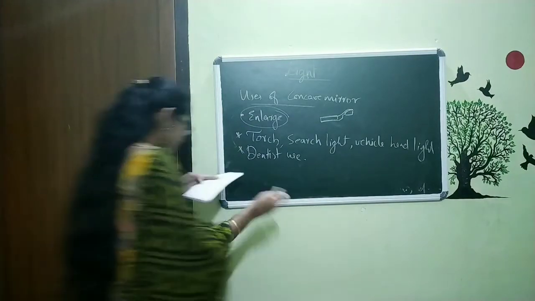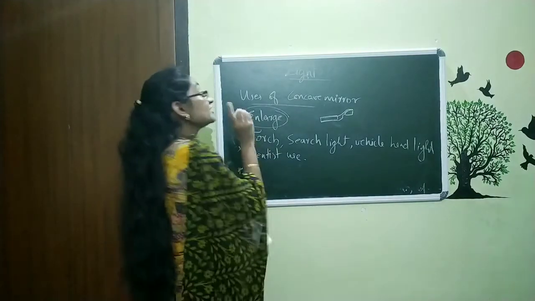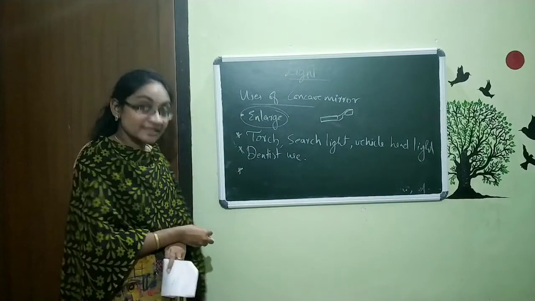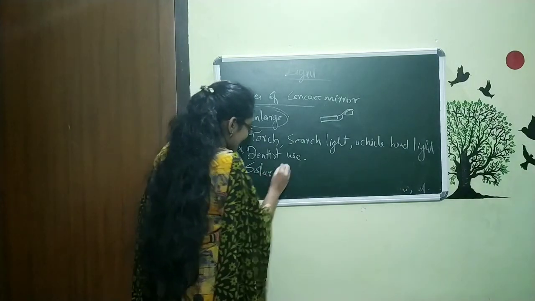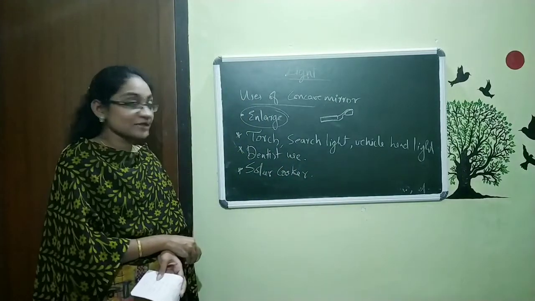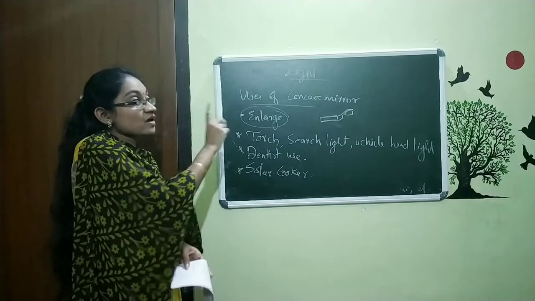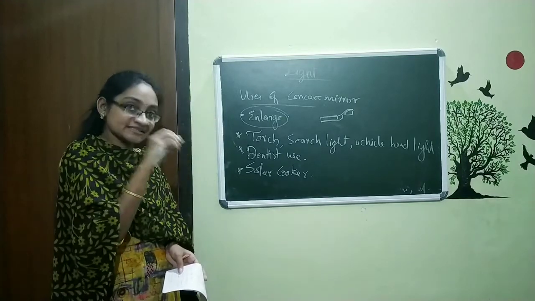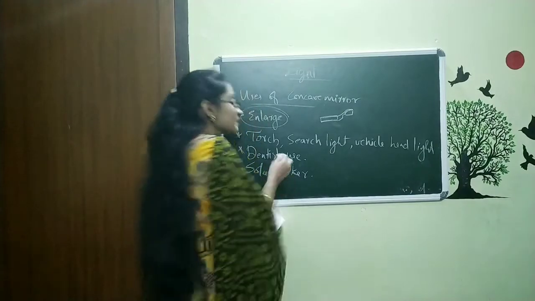Now the next use is this. We can use this concave mirror in our solar cooker. The reason is this concave mirror focuses the light and it makes the cooking easier.